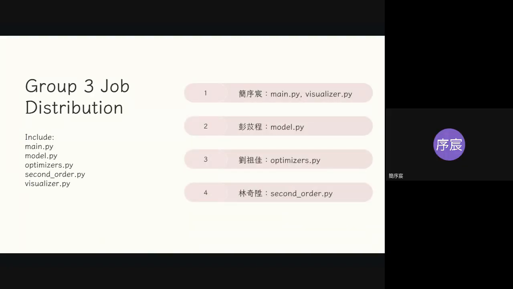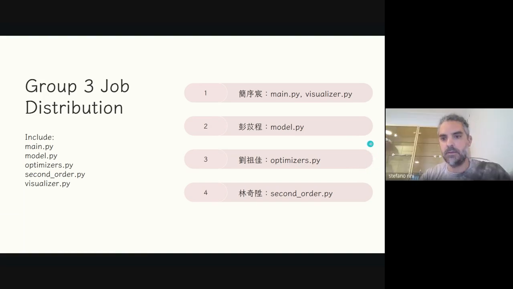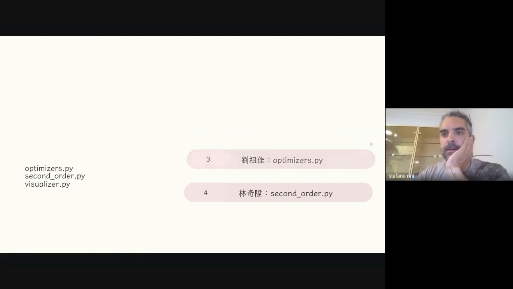And here's our job distribution. All of our members have done things, writing different code. Some doing the model, some doing the optimizer, some doing second order. Very good. I'm very happy to hear.